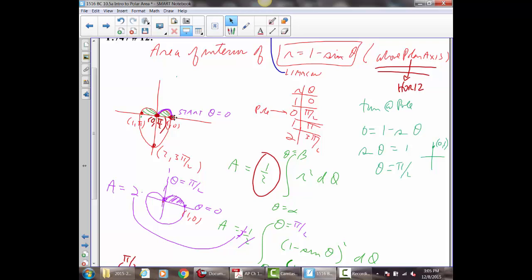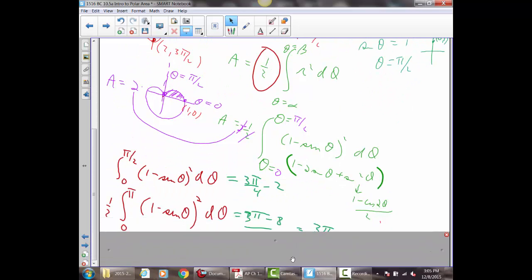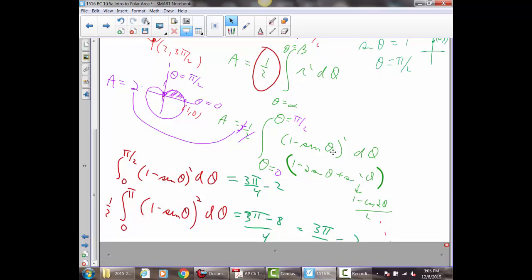That is theta equals 0. Harder to tell what this one is, but we just found out that it's theta equals pi over 2. So I'm going to square that binomial, replace sine squared, and so on, and you will get 3 pi over 4 minus 2, which is the same thing as (3 pi minus 8) all over 4.